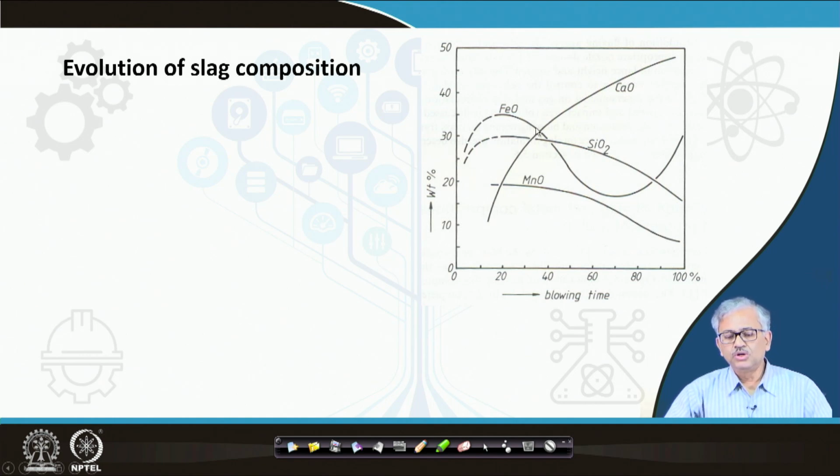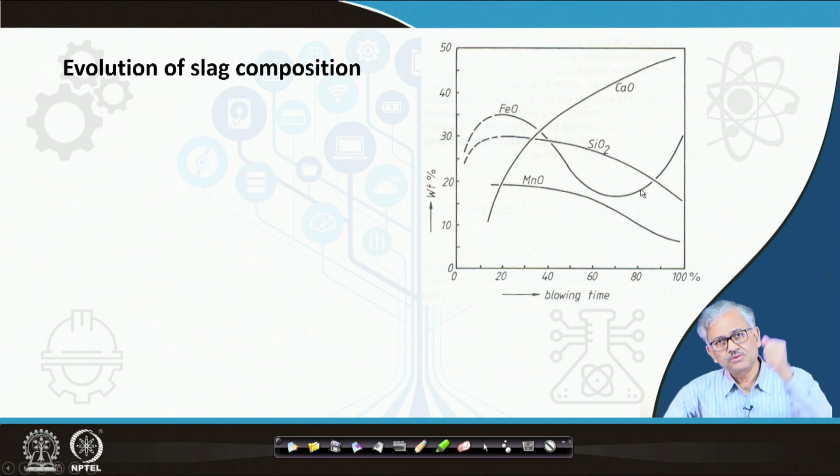So the impurity load is maximum, plus the dilution effect, two effects, and the FeO percentage in the slag decreases very much. And after some time it increases again, because lime dissolution stops after some time, the dilution effect is gone, and your impurity load is also less at the end of the blowing period.